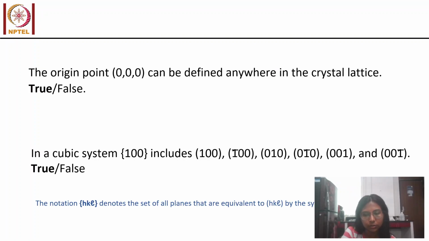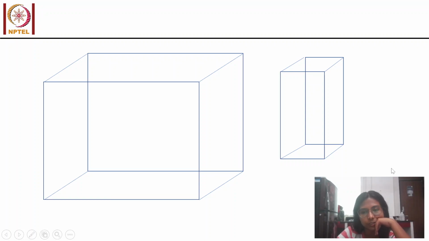I think we also covered this. We were somewhere here, asking that if we have a crystal lattice, then what will be the origin? Actually the origin can be anywhere in the crystal lattice, so this was supposed to be true. Then we had another question, about a cubic system, where this family of planes will include all of these, but not this one.